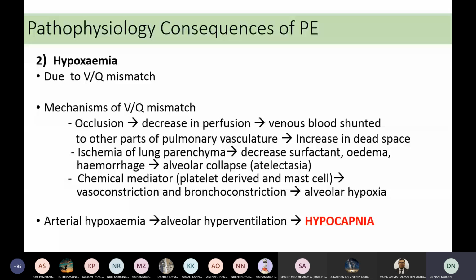So that is called dead space. What else can contribute to the VQ mismatch?